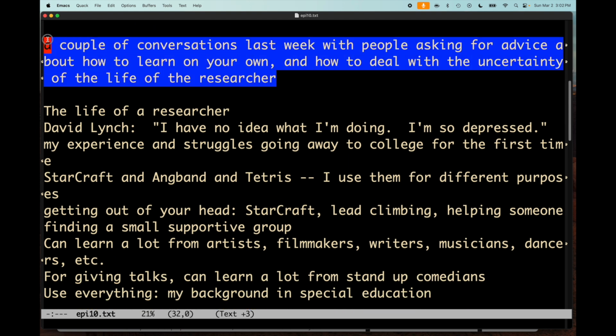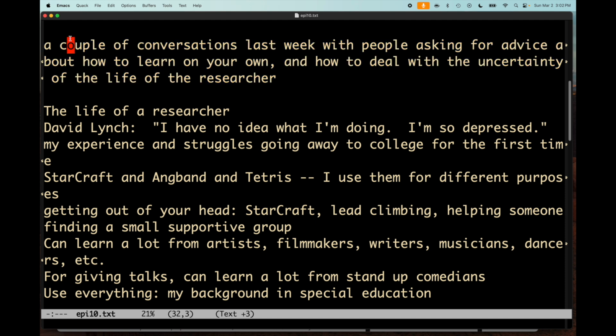One reason I've been thinking about this is last week I had a couple conversations with friends who will remain unnamed, but one was, how do you learn computer science stuff? How do you learn maybe researchy stuff? And another conversation was, how do you deal with the day-to-day life of being a researcher?